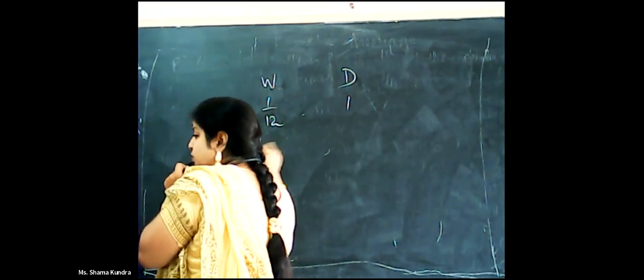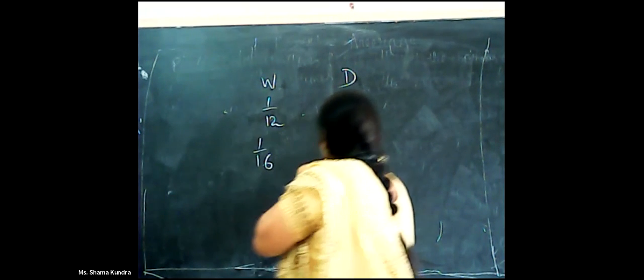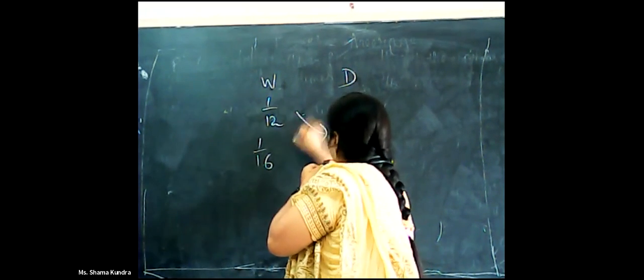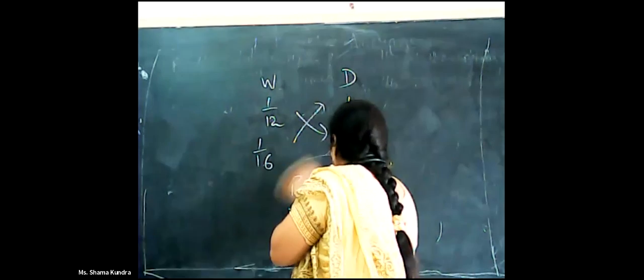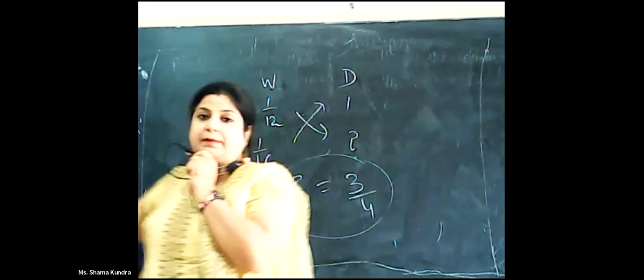Write here work and write here days. Work is 1 by 12, 1, and here it is 1 by 16, and here it is a question mark. Simply cross multiply and you will get the value of the question mark as 3 by 4.